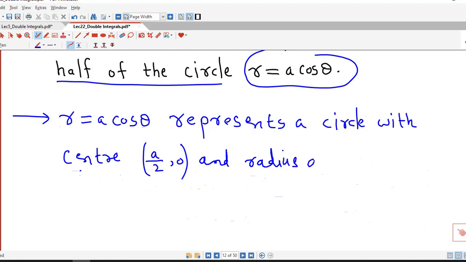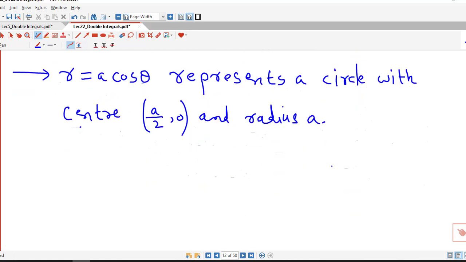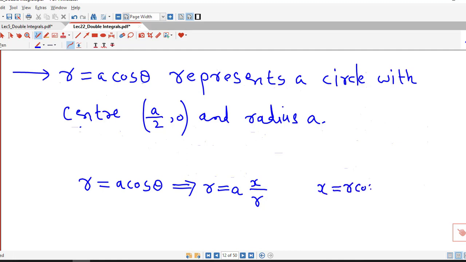Now suppose you are not comfortable remembering that standard equation of circle, then you can convert this into a Cartesian equation and you can decide the center and radius of the circle. So we replace cos theta by x by r, since we know that x equal to r cos theta.